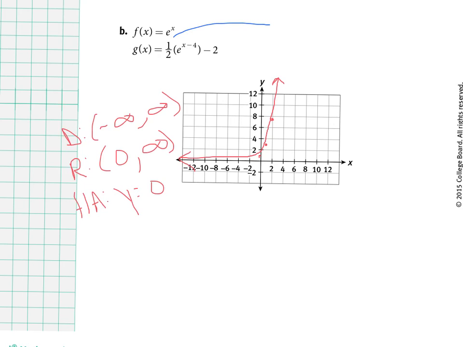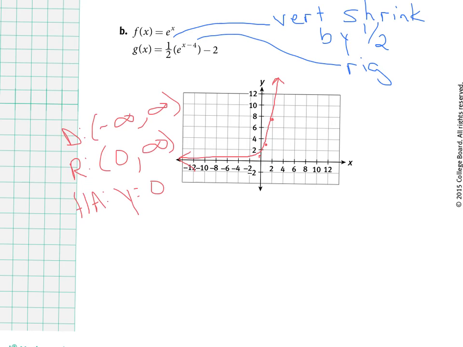The 1/2 is going to be a vertical shrink by 1/2. The x minus 4 moves me right 4. The minus 2 at the end moves me down 2, so that moves that horizontal asymptote down 2 steps.